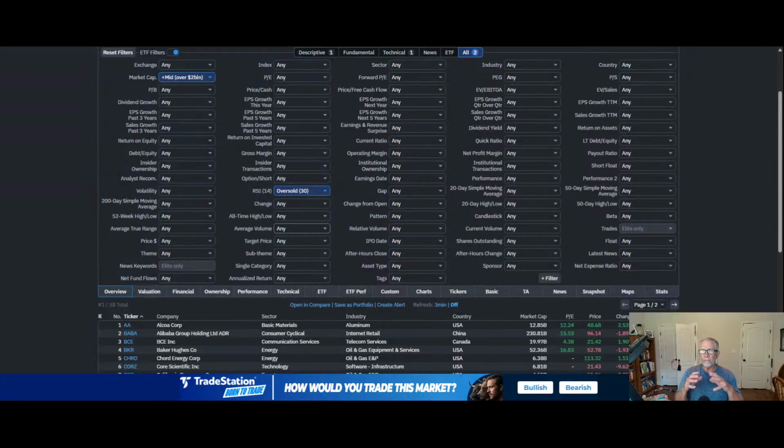Basically we want to have at least 1 million shares traded every day. Why? Because it's going to be easy to get in and easy to get out, especially if you're buying options. You need high volume companies in order to trade those. So minimum 1 million shares.